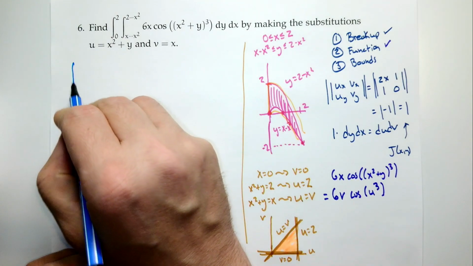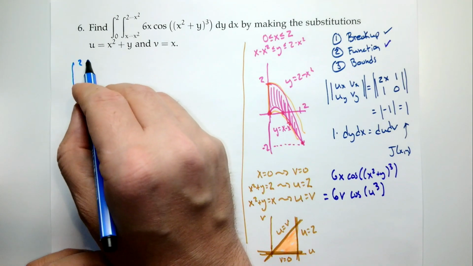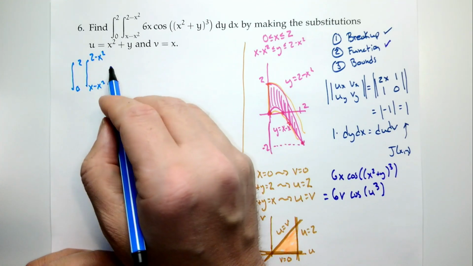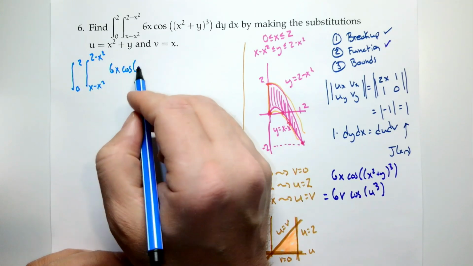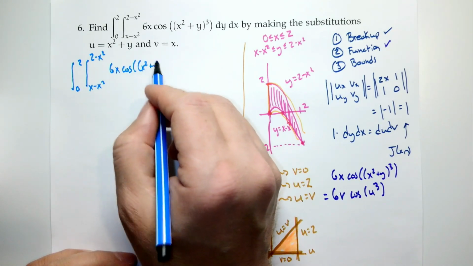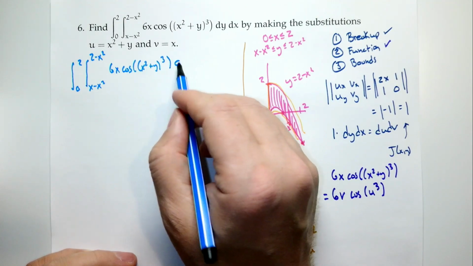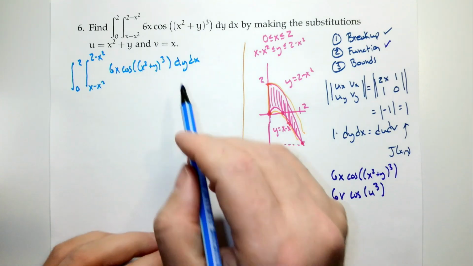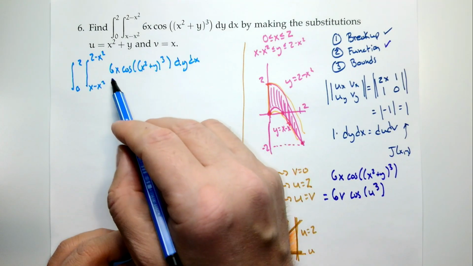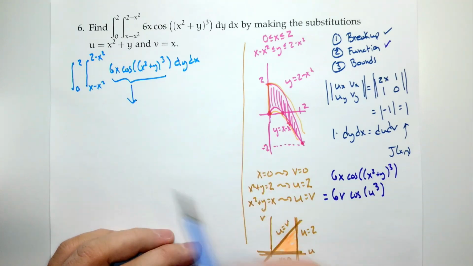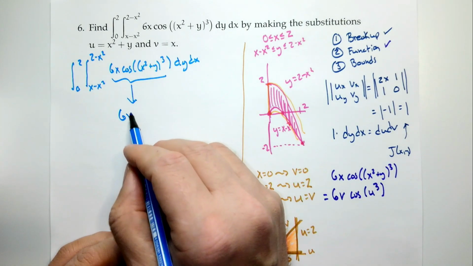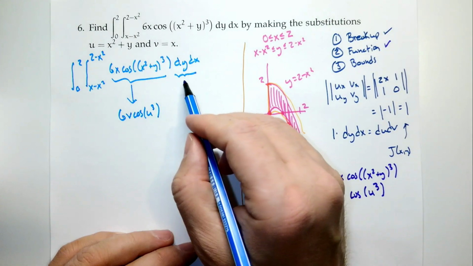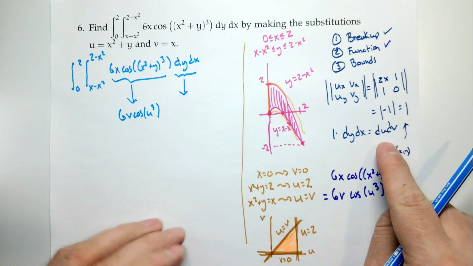Okay, integral 0 to 2, integral x minus x squared to 2 minus x squared, 6x cosine of x squared plus y cubed dy dx. The dy dx, all right, we know how to handle that. Before we do that, let me pause here. So that's 6v cosine u cubed. Now dy dx becomes du dv.